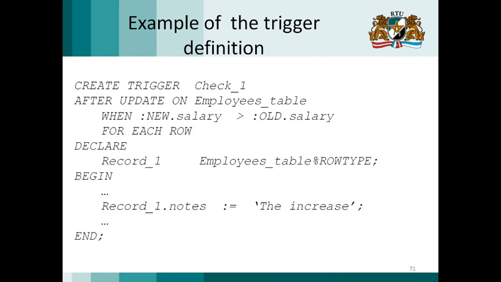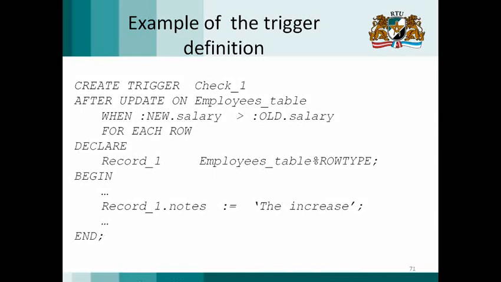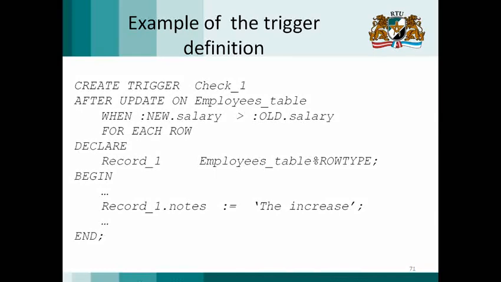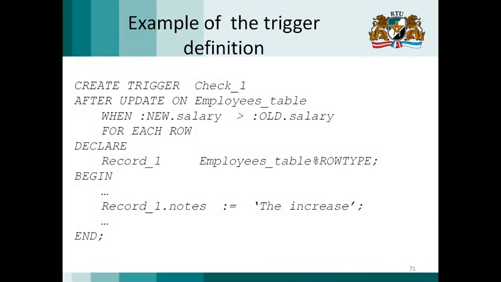And after that, we can write it very similarly to these procedures and functions. In this case, there is the declaration part where we declare this record 1, which is of the employees table row type, and we, in this case, write the record 1. We assume that this employees table has field notes, and we write that there has been an increase of salary for this particular employee.